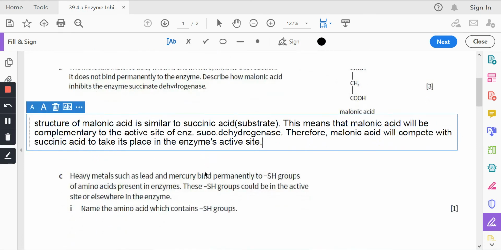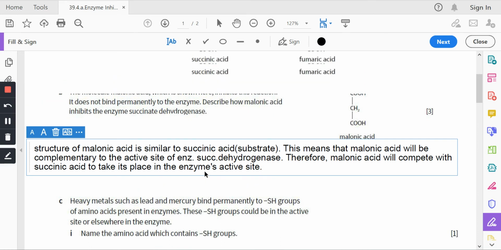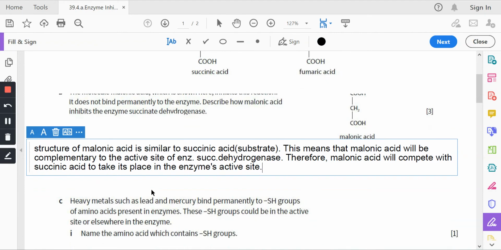Okay. Now let's look at part C. Heavy metals such as lead and mercury bind permanently to the SH or sulfhydryl groups of the amino acids present in the enzyme. So the question is saying that our enzyme, that is succinate dehydrogenase, has some sulfhydryl groups, and these heavy metals have a tendency of forming permanent bonds with these groups.